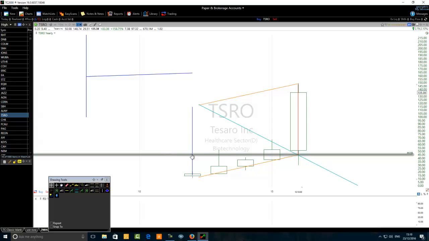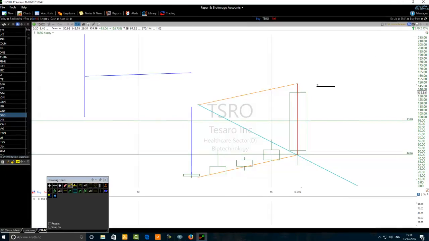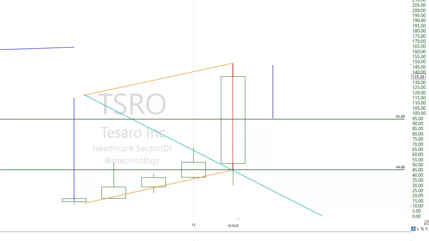Apart from this, there is another support level, the median line of the distortion, from here down to here, somewhere near the level of $93.89. Those are the key levels that swing traders must watch. Sometimes very bullish stocks will pull back only to retest the median line, and then start going up straight away like this.